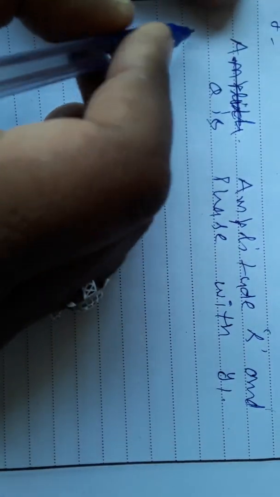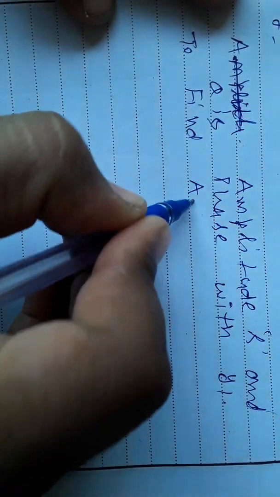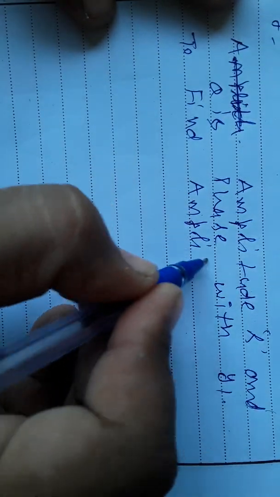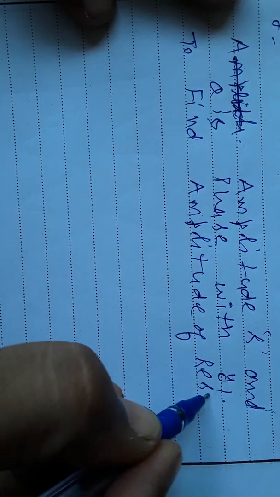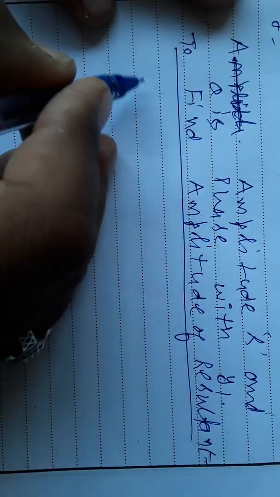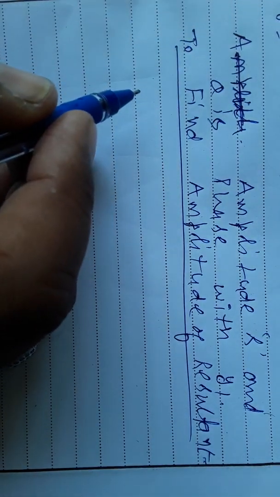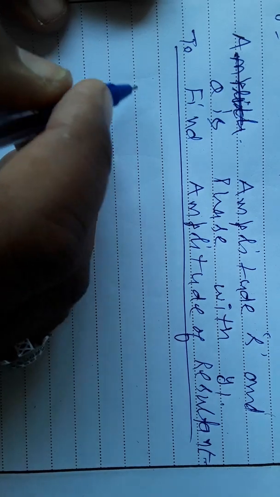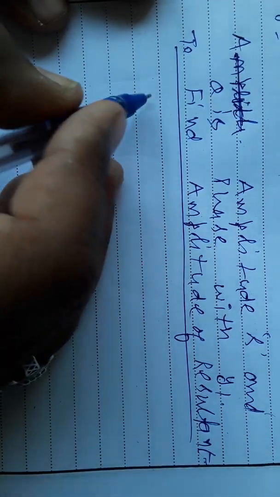Now, to find the amplitude of the resultant, in the derivation we made two equations, first and second.